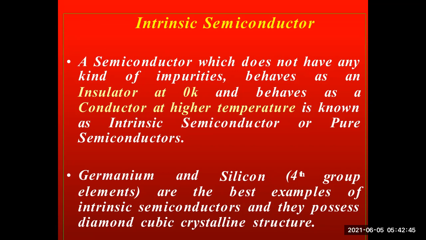At 0 Kelvin, the same element will behave as an insulator, right? If I increase the temperature beyond 0 Kelvin, then the same element will act as an intrinsic semiconductor, or a pure semiconductor, right?